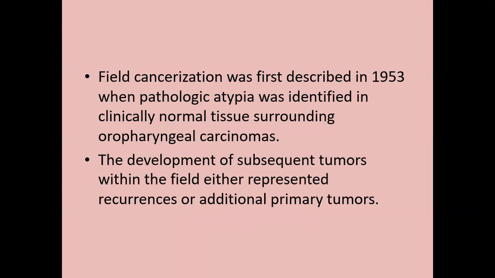So it means that the normal tissue that surrounds a tumor comes in the field of that tumor and has a potential to turn into malignancy. So all the normal tissues surrounding the tumor are then called the field cancerization.